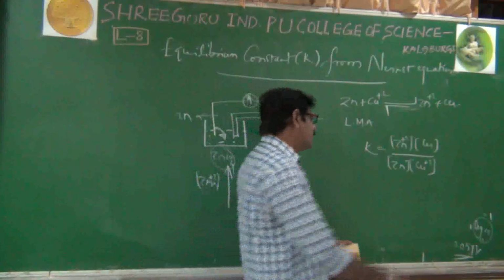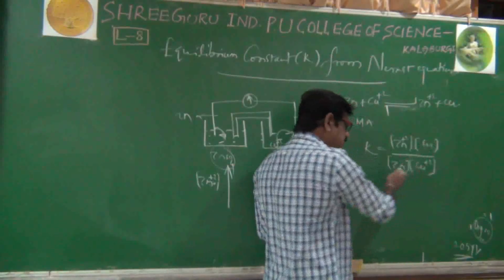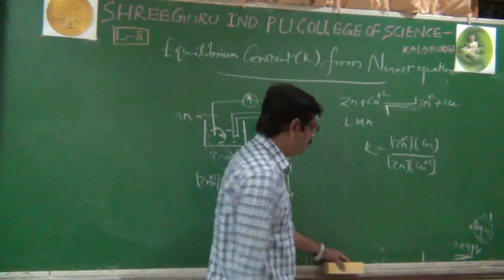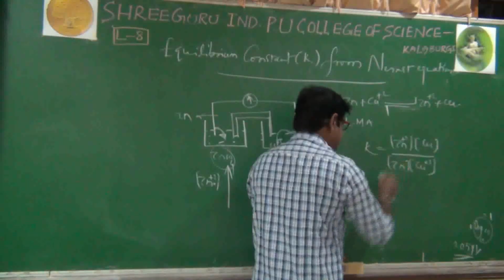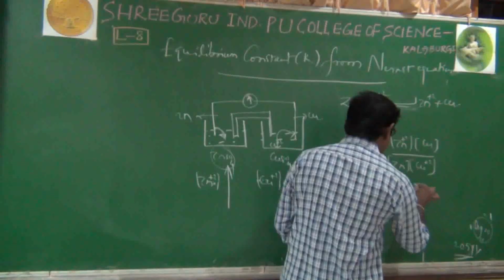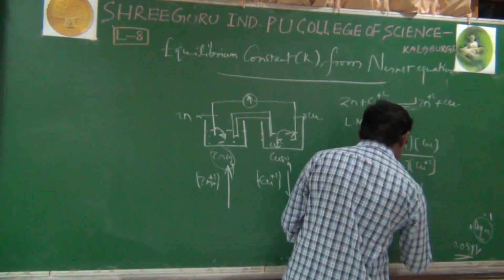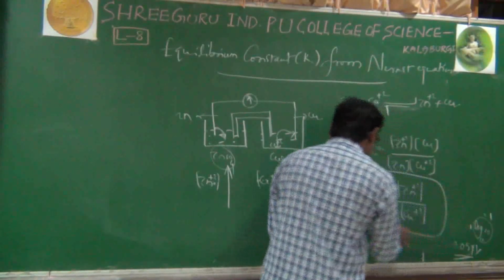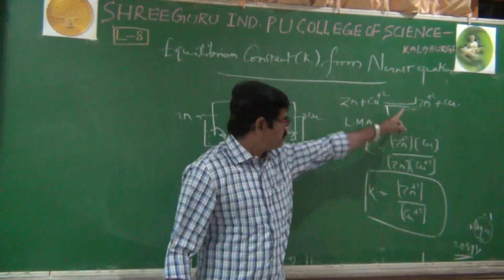Next, here it is a metal, and this is also a metal. Metal concentration values are 1 unit. Therefore, we can just remove these metal values, and the final K is equal to Zn plus 2 divided by Cu plus 2. This is the equilibrium constant value from this Daniell cell.